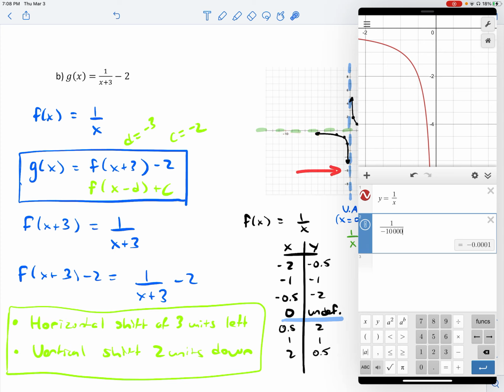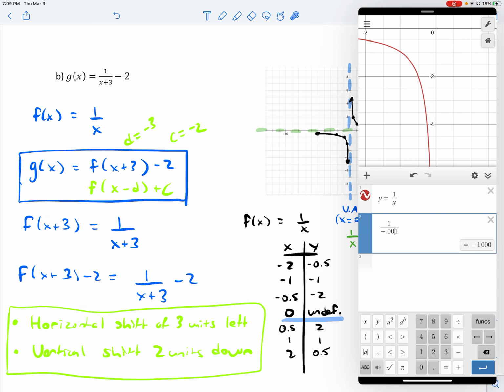Now coming in this way towards the vertical asymptote, those are numbers that are getting closer to zero. They're still negative though, but they're getting closer to zero, like negative 0.1. See, that's negative 10. If I add a zero in here, negative 0.01, well, that's getting even closer to the y-axis. And now it's saying it's negative 100, like way, way down here.